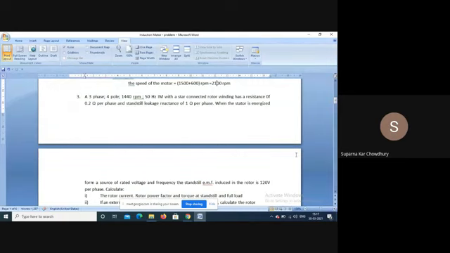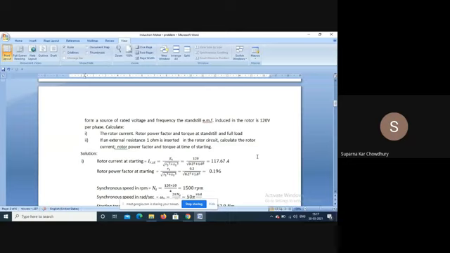When the stator is energized from a source of rated voltage and frequency, the standstill EMF induced in the rotor is 120 volt per phase. Calculate the rotor current, rotor power factor, and torque at standstill and full load. If an external resistance of 1 ohm is inserted in the rotor circuit, calculate the rotor current, rotor power factor, and torque at the time of starting.